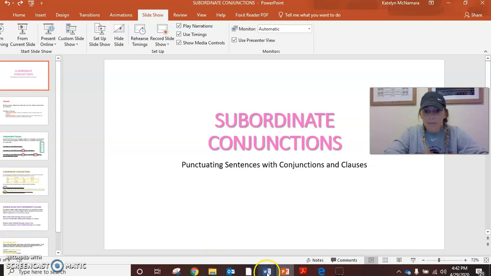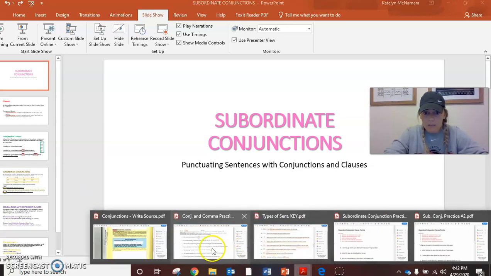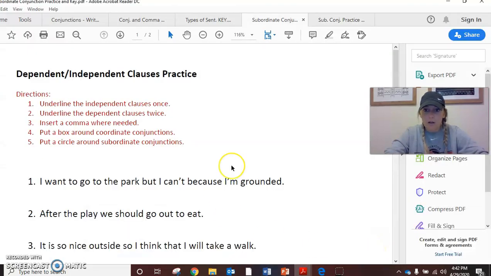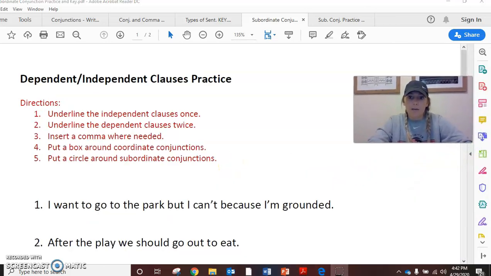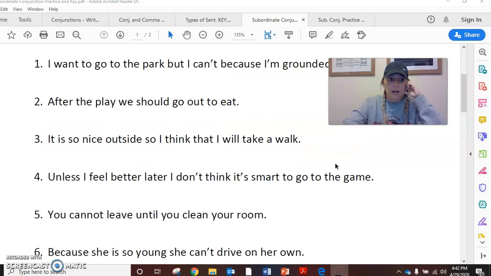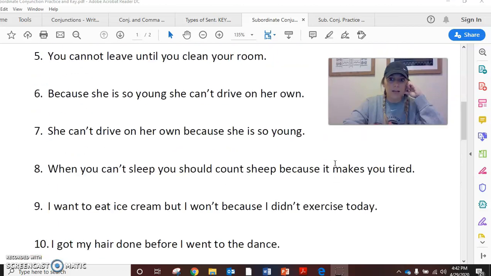I'll go through this worksheet real quick with you. Okay, these are a couple worksheets that you have to do. For this one, I give you 10 sentences, and then I also give you the answers down there.